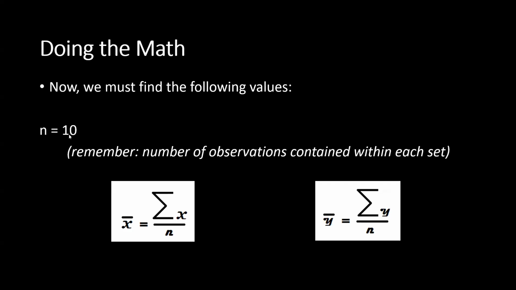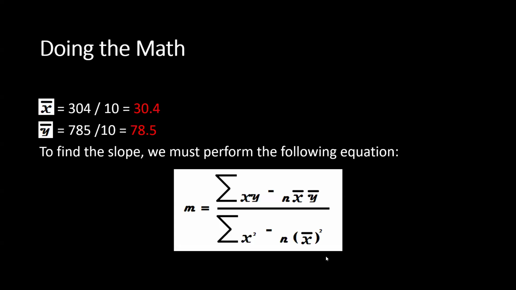So there were 10 x observations, and 10 corresponding y observations. So we take the value of sigma x and we divide that by 10. And we take the value of sigma y and we divide that by 10. And we get the x bar and y bar values. And that is what has been achieved here.